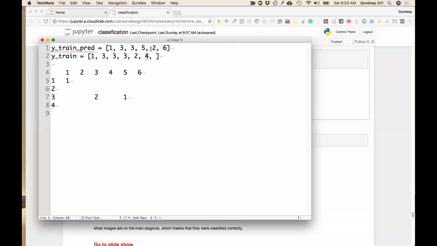Okay. 3 got predicted as 5 once. 2 got predicted as 2 once. 4 got predicted as 6. How many times? Once. Okay. So this is the confusion matrix.